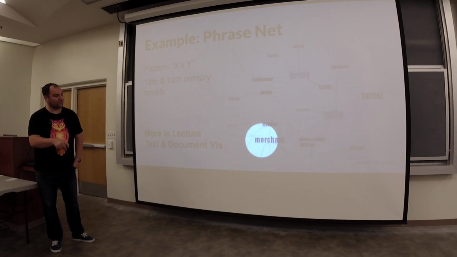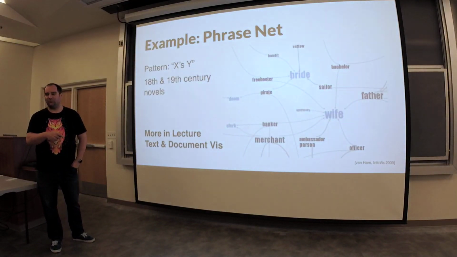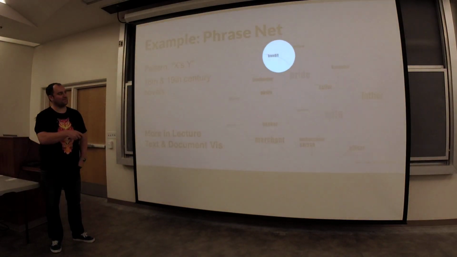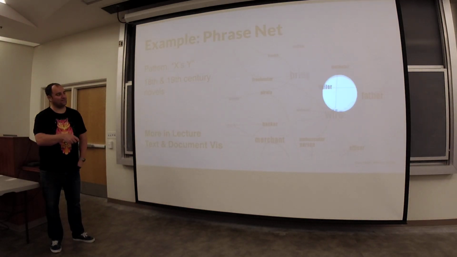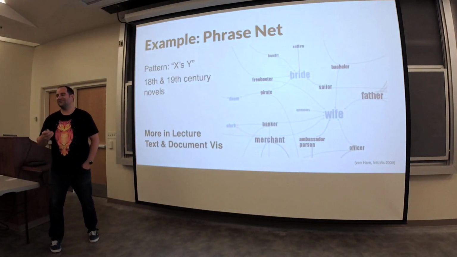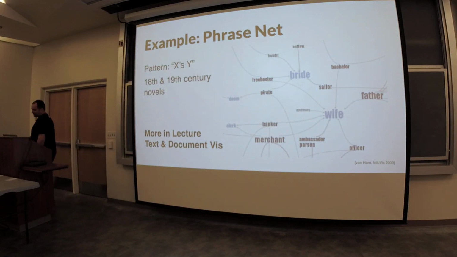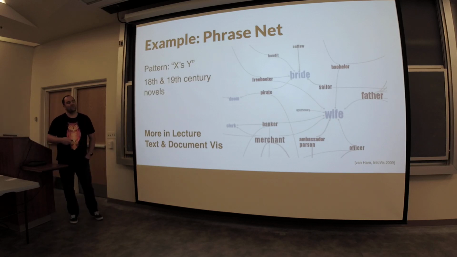Whereas with bride, which is less honorable, we have the freebooter's bride, the bandit's bride, the outlaw's bride, the sailor's bride, the pirate's bride, right? So we can look at these kinds of patterns with these very simple algorithms, and we can create the structure if we need to. I'll talk more about things like this in our lecture on text and document visualization.